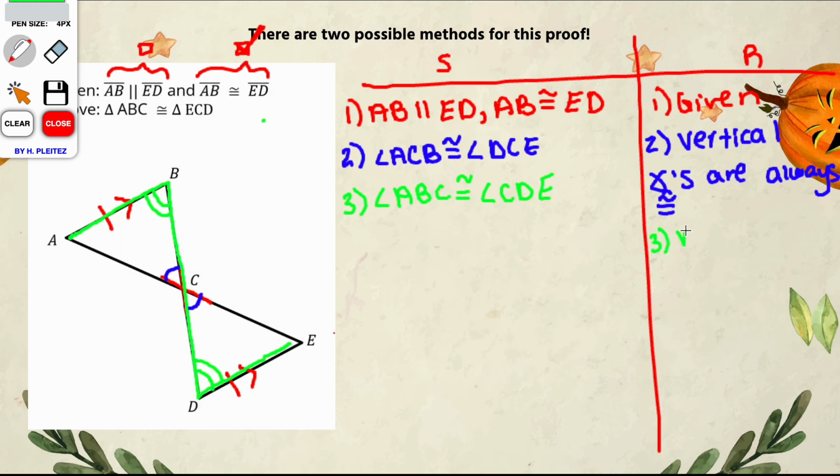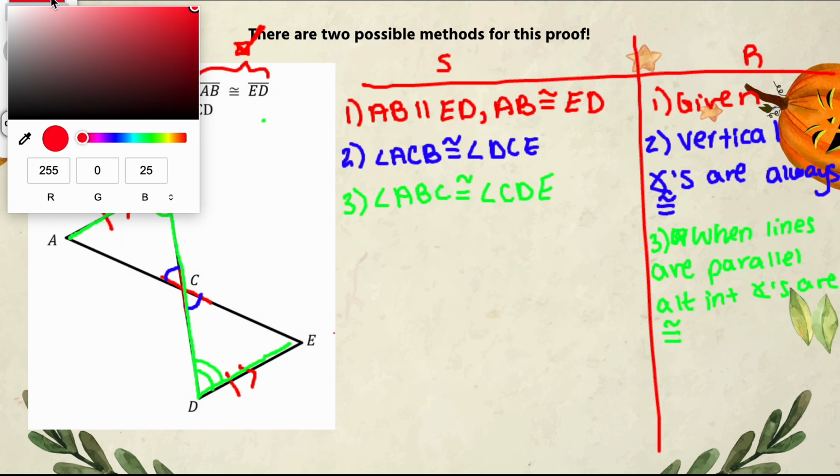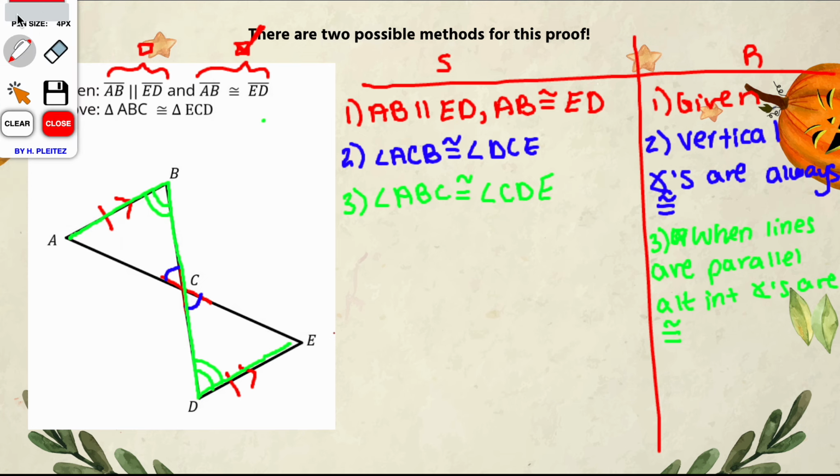And our reason here is that when lines are parallel, alternate interior angles are congruent. Okay, now I'm going to make sure that I check that off because we addressed it in our proof.